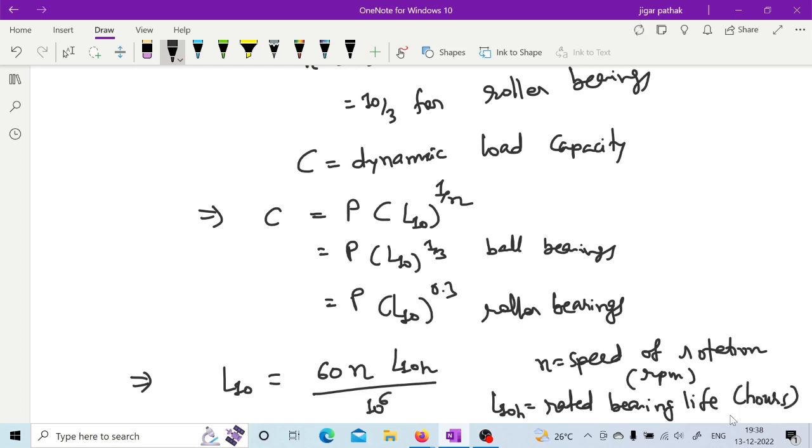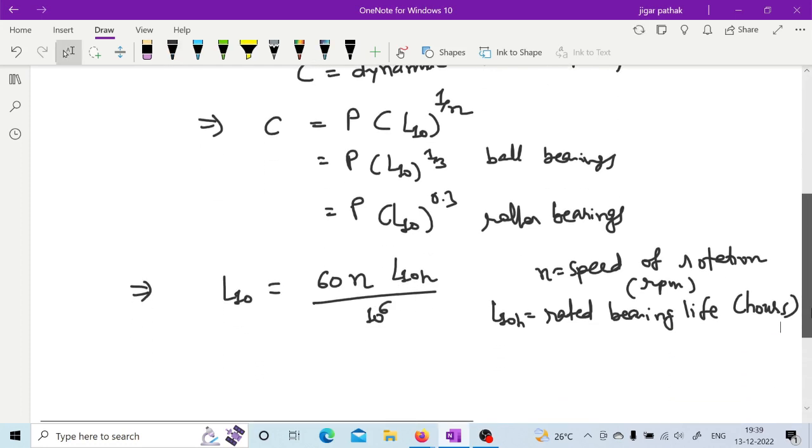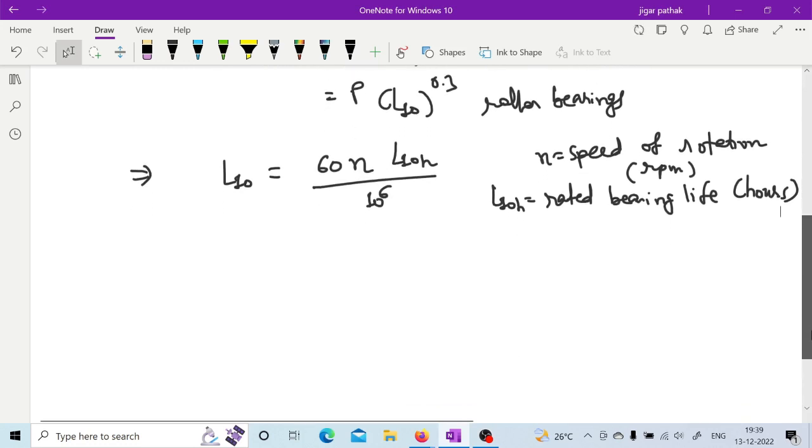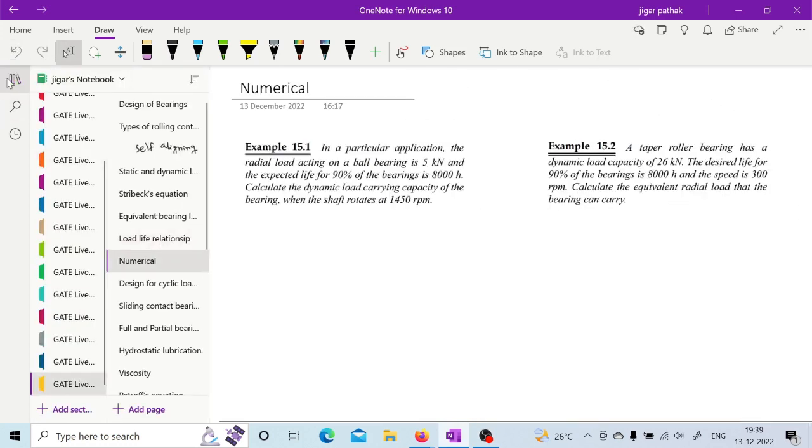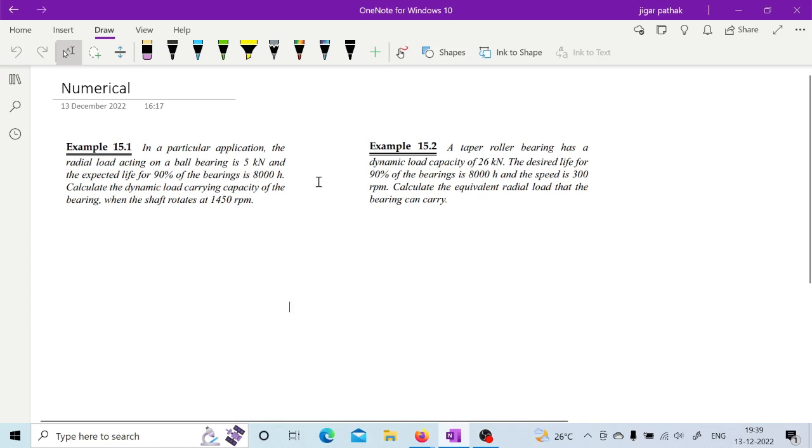So this is how you can get your L10 life in millions of revolutions. From the rated bearing life in hours, you can convert it into millions of revolutions. If we have this much understanding about these bearings, we can go for solving simple numericals, one by one.